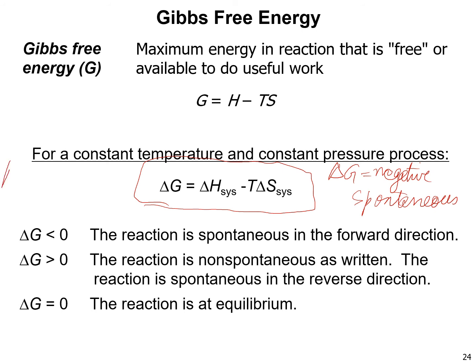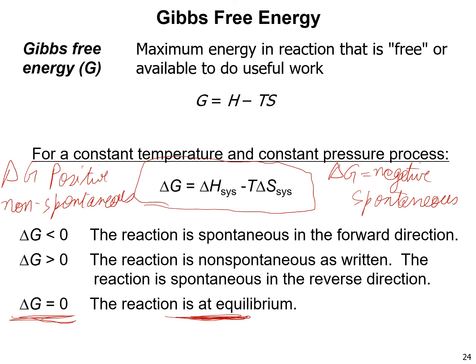If delta G has a positive sign, that means the reaction is non-spontaneous. And if delta G is equal to 0, the reaction is at equilibrium.